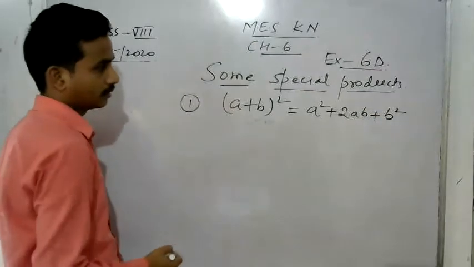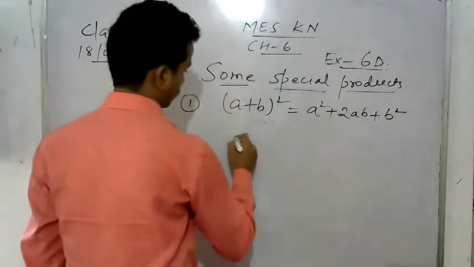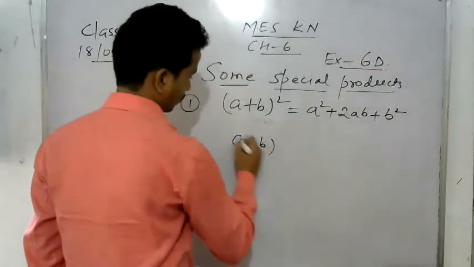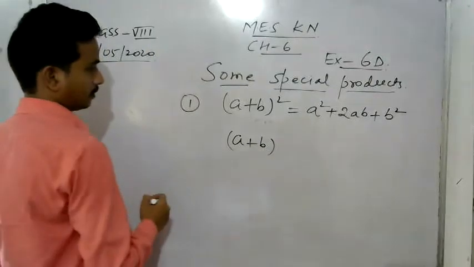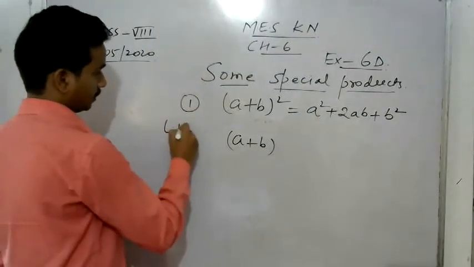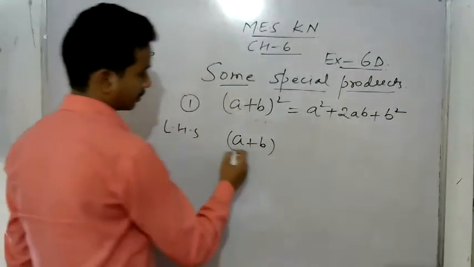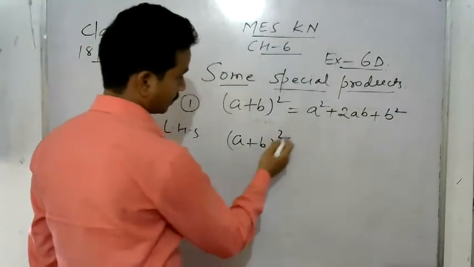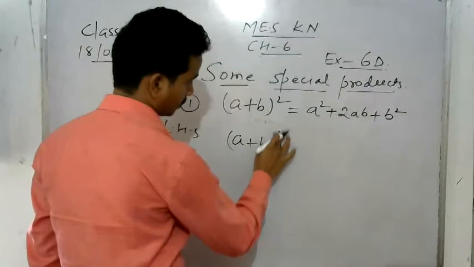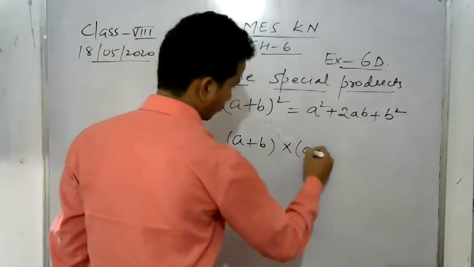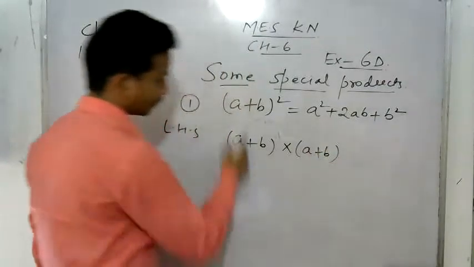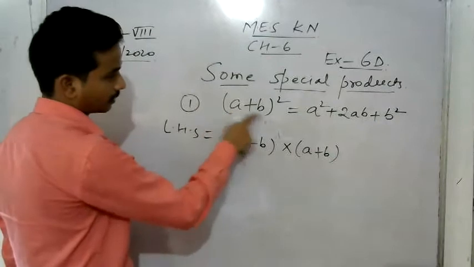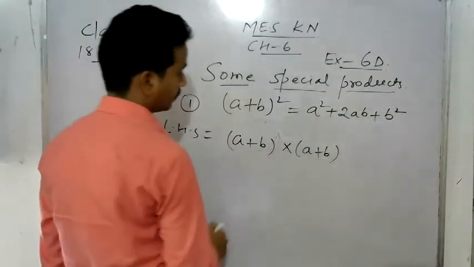Now let's see how to prove it. You can prove it this way. LHS equals (a plus b) whole square. So (a plus b) whole square means (a plus b) into (a plus b). This is what it means.